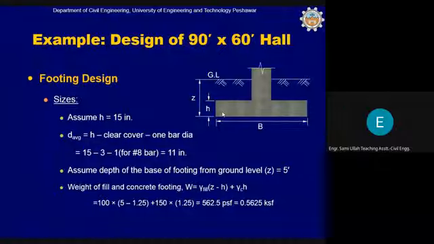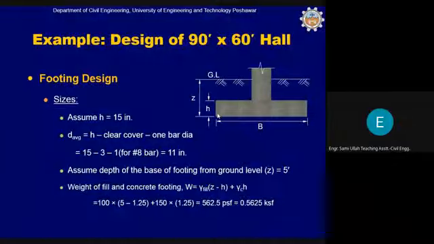Since effective depth will be different, because one layer will be placed in this direction and another layer will be placed on top of this, the effective depth will be different for two directions. So for this reason, we are using the average, and when we calculate the reinforcement with the average, that reinforcement will be provided with the same spacing in both directions.